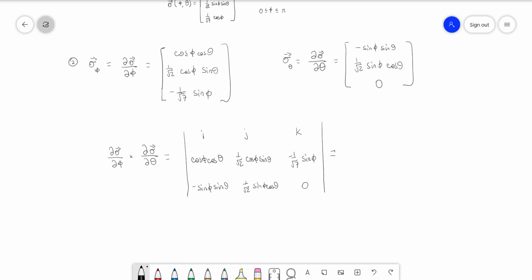So let's go ahead and do this cross product. It's going to be 0 minus negative, so 1 over root 14 sine squared phi cosine theta. So next is going to be 0. It's ultimately going to be minus 1 over root 7 sine squared phi sine theta.